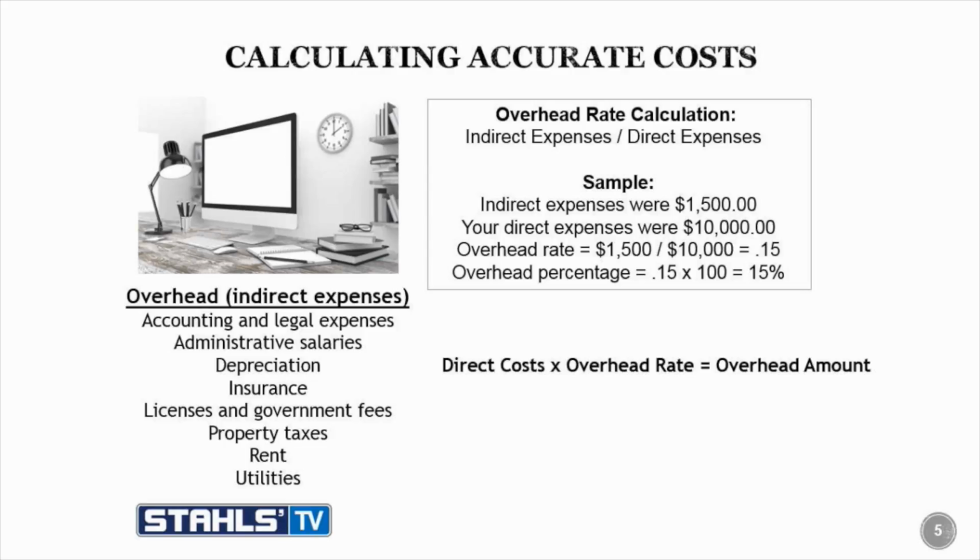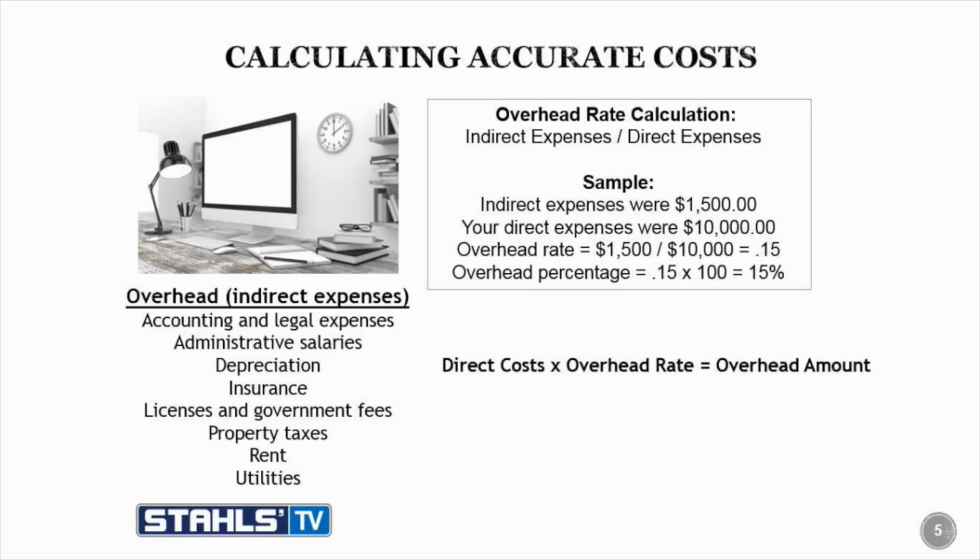So let me go through that a little bit more in depth. When we say indirect expenses, it's the entire list that comprises overhead on the left-hand side. So let's say we take a month out of our business, and we know our lease is approximately $500 because we're working out of our home and we're allocating part of our mortgage payment to it.